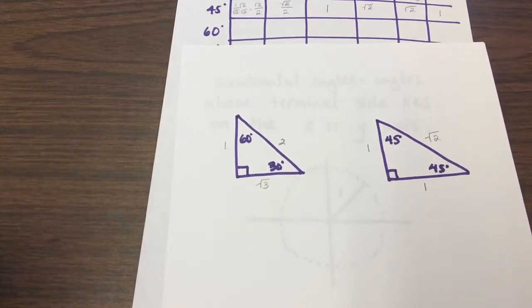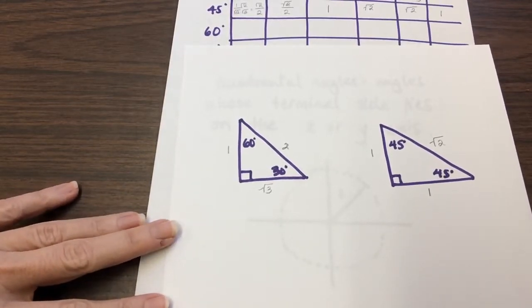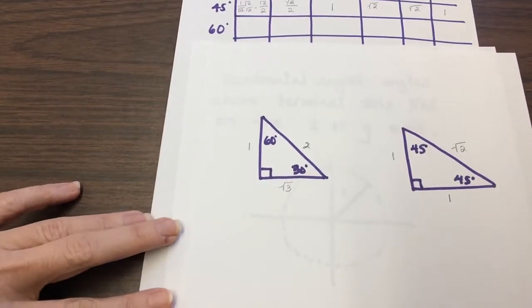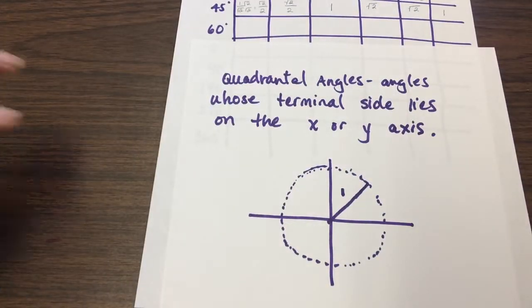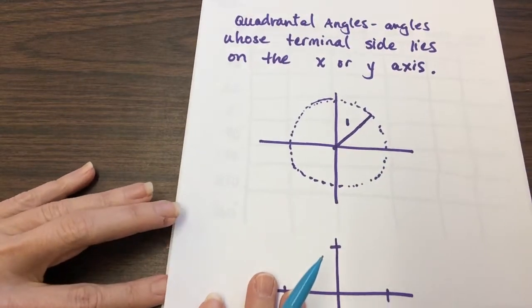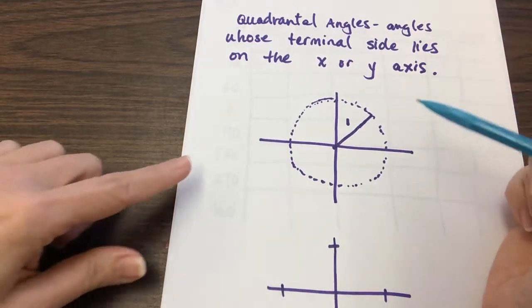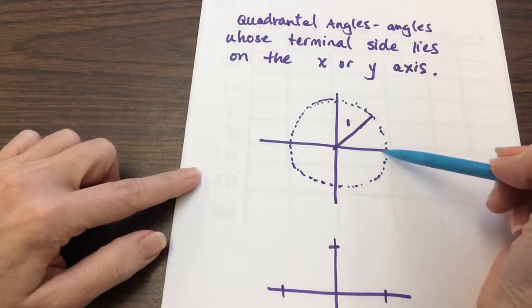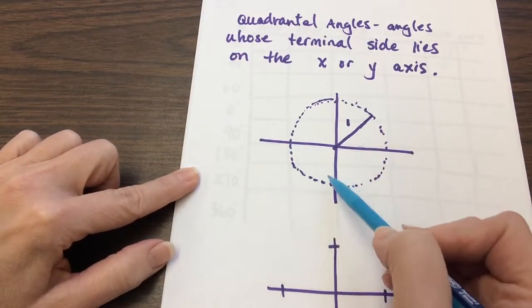Now, I wouldn't normally go ahead and talk about quadrantal angles if you were in my regular class. Since this is an online class, I'm going to go ahead and tell you what a quadrantal angle is and include that in the chart. So a quadrantal angle, those are just angles whose terminal side lies on the x or the y axis. What does that mean? That means that the terminal side is going to be here, here, here, or here.